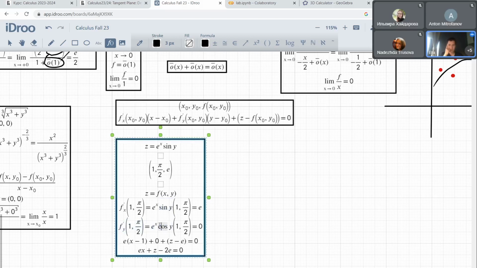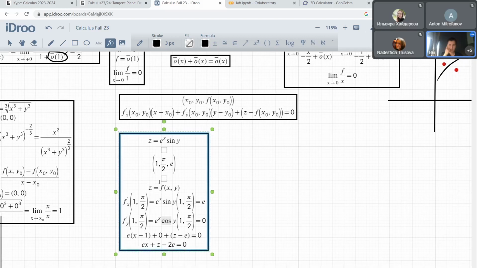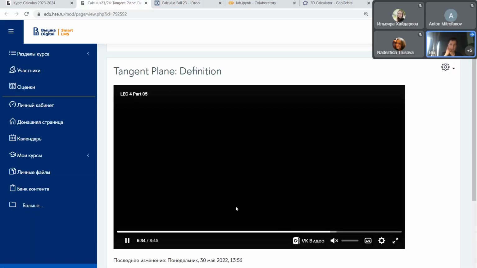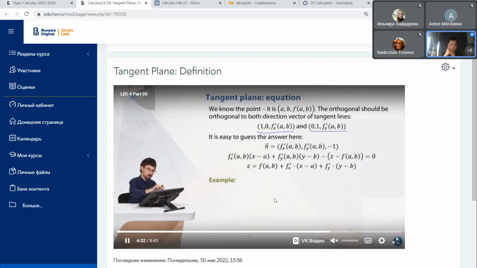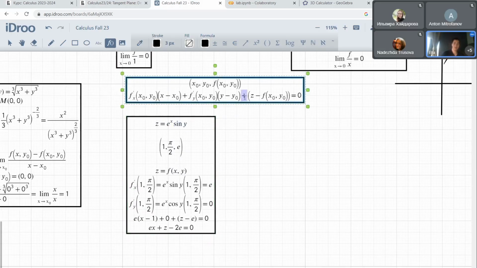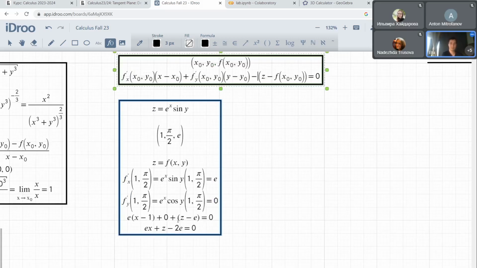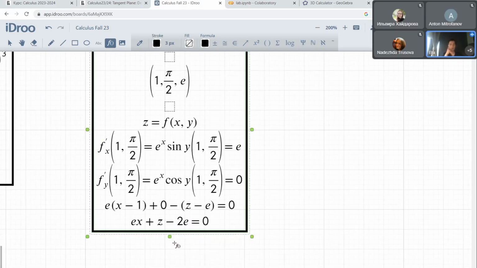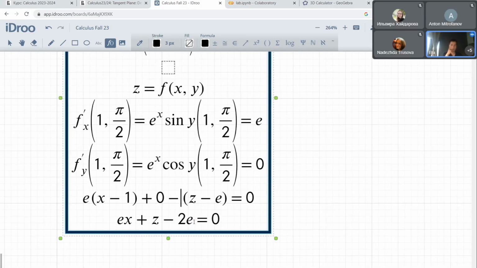Cosine... am I right? Sorry, one second. I hope it was written correctly. Minus, of course, because minus. Yes. Sorry, as usual, I lost one more important symbol. So the proper formula will be the following one.